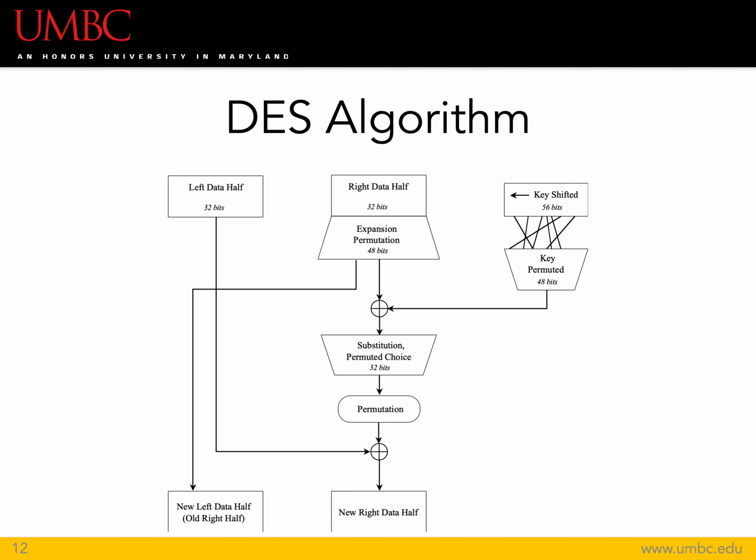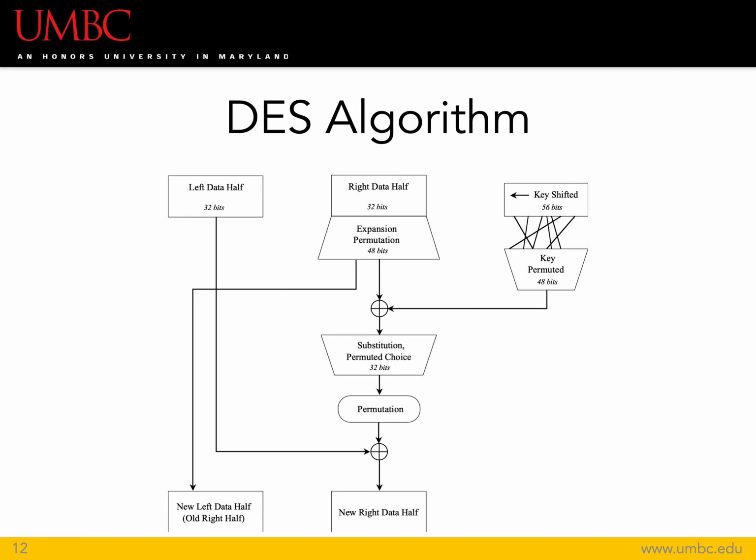So in general, with these kinds of algorithms, there are many rounds or cycles that you will have to go through before you actually arrive at the final encrypted version of things. And so what will end up basically being done is just 16 cycles of taking one half of the data, doing some substitution and permutation to that data, and then swapping it with the next half of the data.